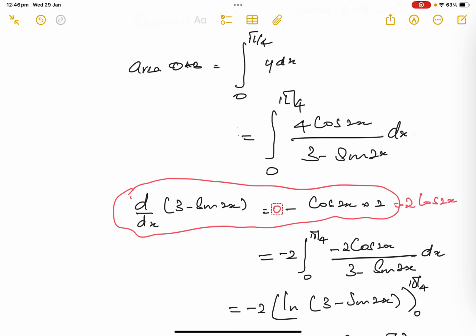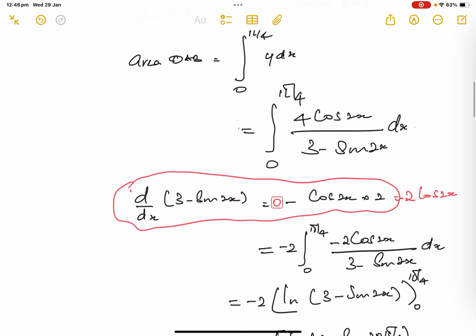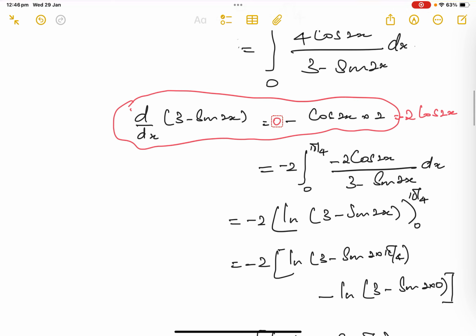But we have 4 cos 2x. We can make that minus 2 times minus 2 cos 2x. All I did was take minus 2 out from the numerator. Inside, the numerator becomes minus 2 cos 2x; minus times minus is plus, 2 times 2 is 4, so it's the same, no change at all.